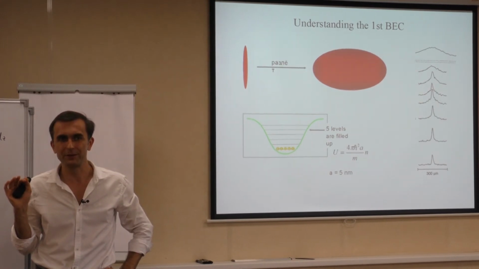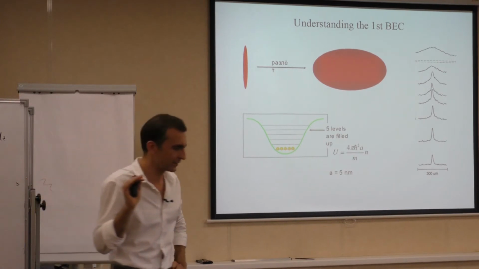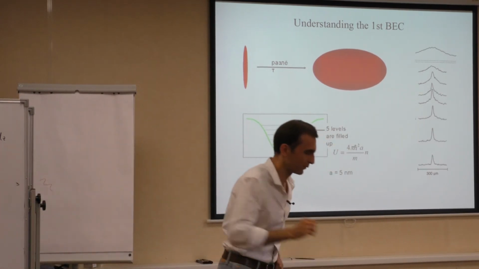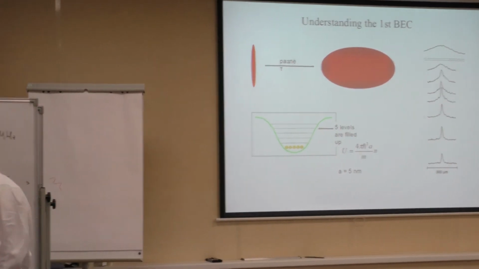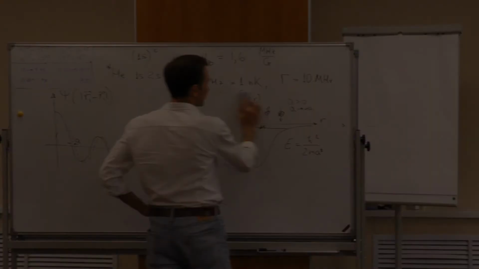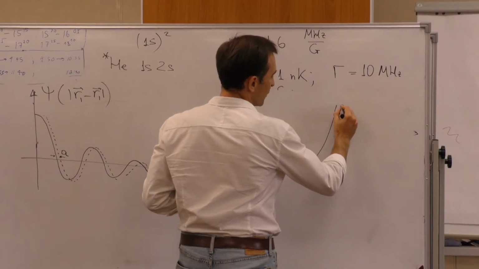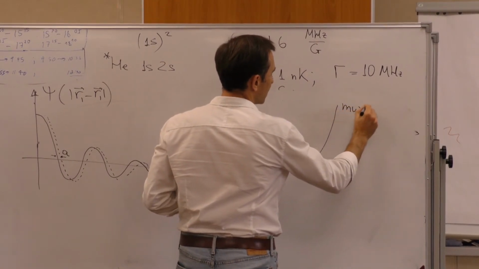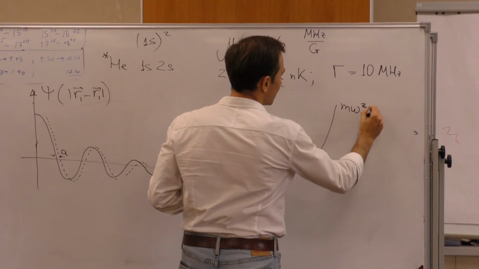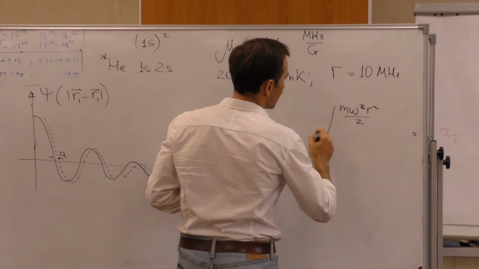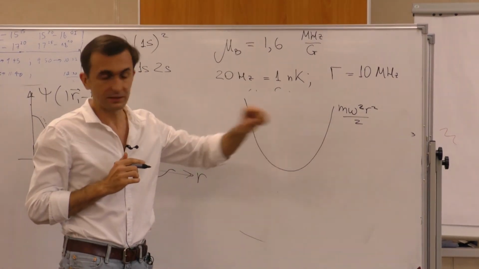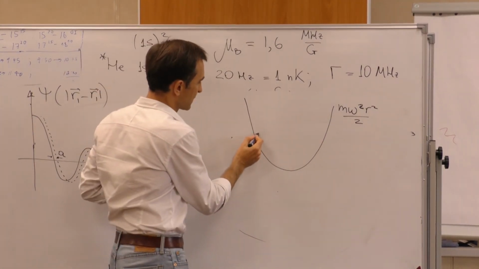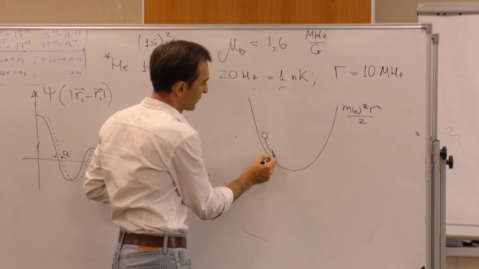Even small noise in the lasers brought about heating of atoms in those dipole traps. Consider the following simple physics. For simplicity, this is the potential of the optical dipole trap, and let the potential be harmonic. And let's consider just a single particle oscillating in this potential.